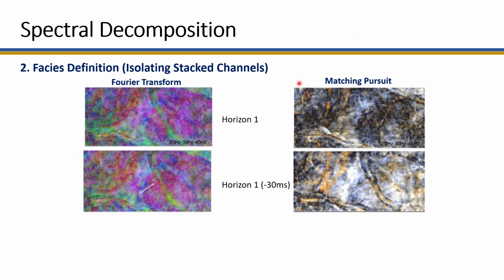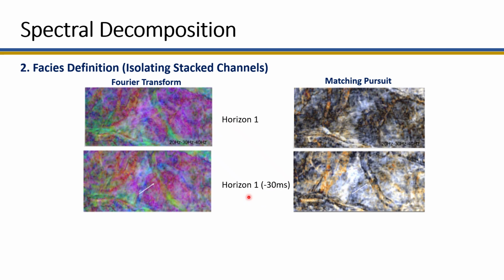Well, if we shift the horizons up by 30 milliseconds and look at the interval just above it, that channel now appears in the matching pursuit response. This is because we are seeing it in its true depositional position. With the matching pursuit, we have very good vertical resolution, and we are seeing that that channel exists 30 milliseconds above the horizon.